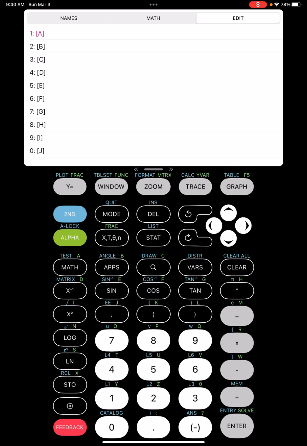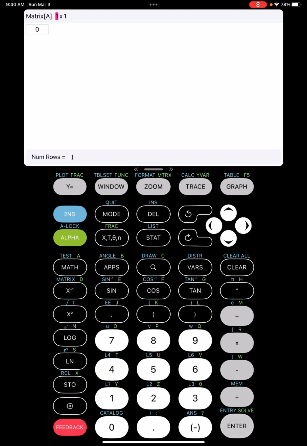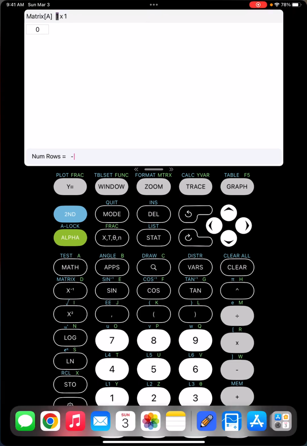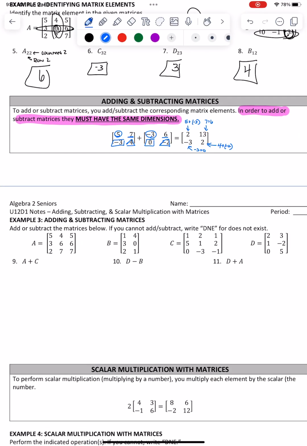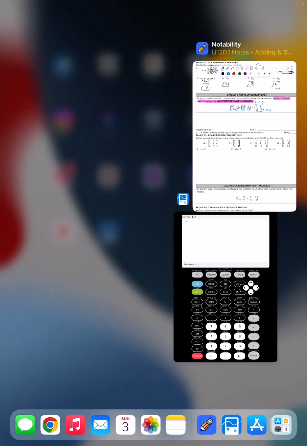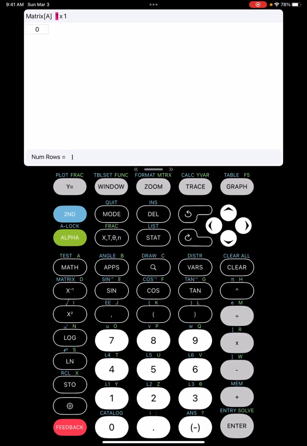In matrix A, we're going to type in what our matrix A was. Matrix A is a 3 by 3, so we've got 5, 4, 5, 3, 6, 6, 2, 7, 7. We have to type in the dimensions first, so 3, enter, 3, and then 5, 4, 5.